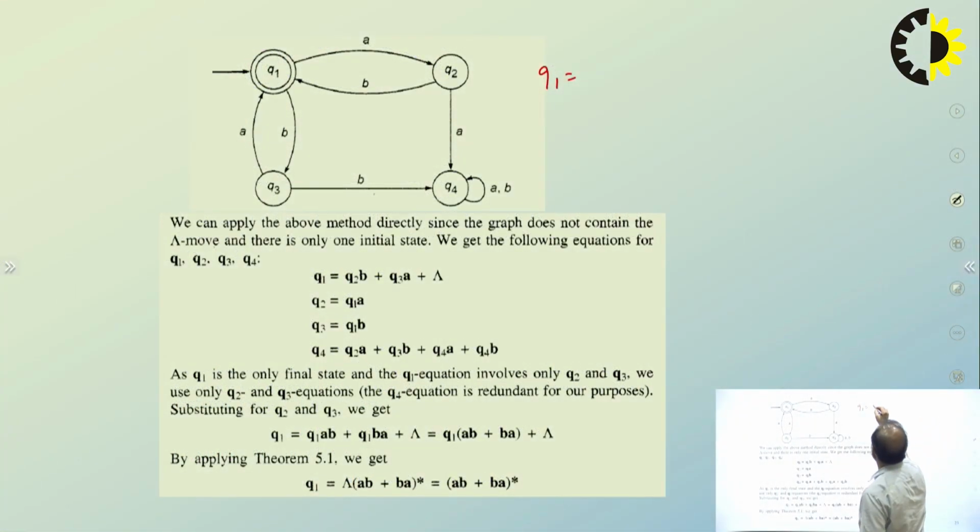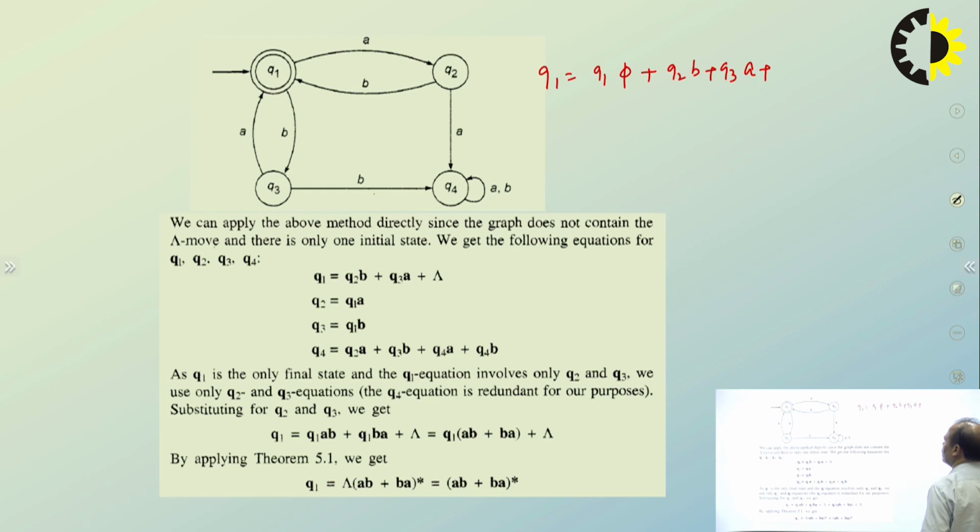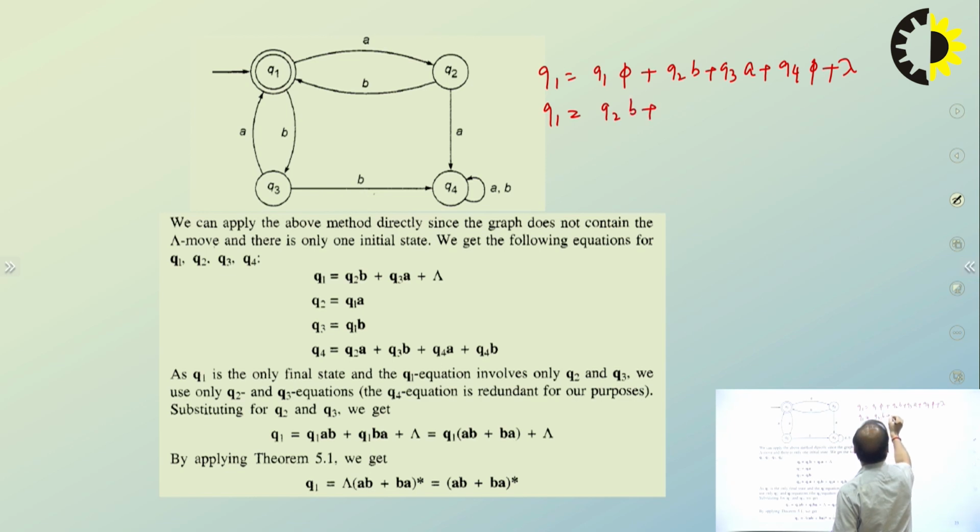So q1 is q1 alpha 1 1, nothing, there is no transition from 1 to 1, plus q2 alpha 2 1, where 2 to 1 is b, so q2 b, plus q3 alpha 3 1, where 3 to 1 is a, plus q4 alpha 4 1. There is no transition from 4 to 1, so q4 phi, plus lambda. If you simplify this q1 equation, you will see q2 b plus q3 a plus lambda, calling it equation 1. This is the same here.